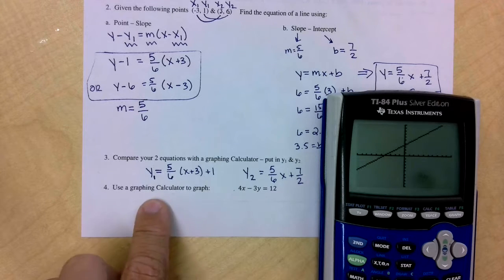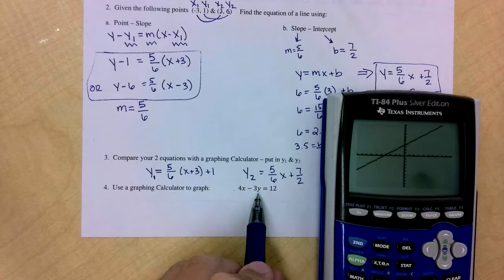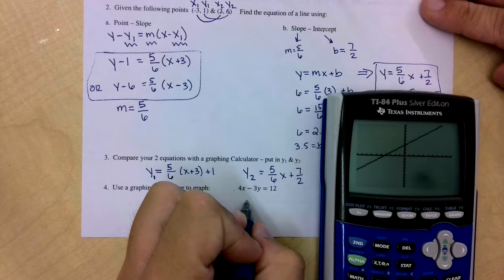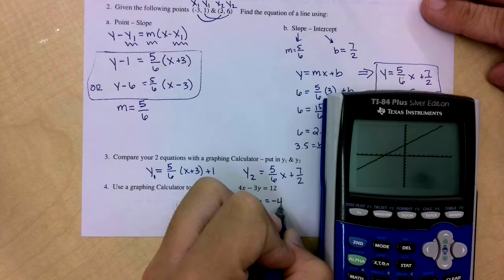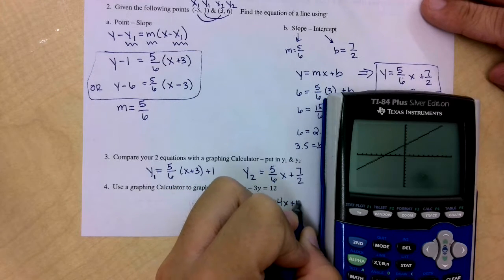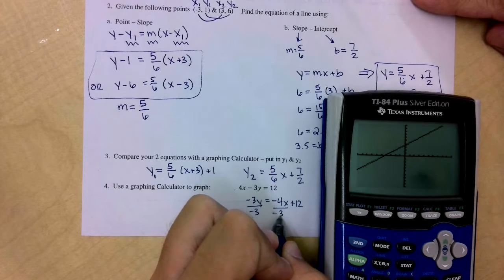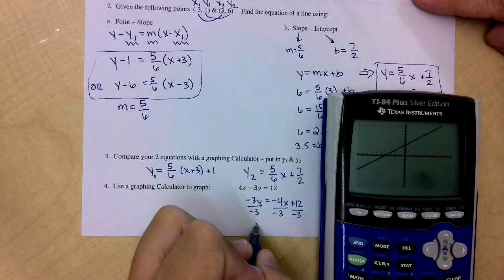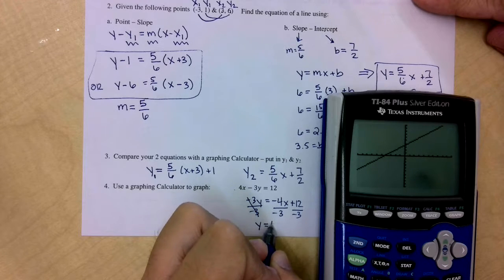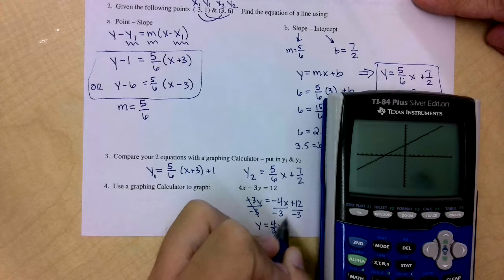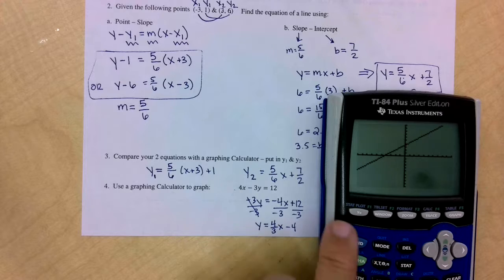We'll also be able to put this into the calculator, but again, the problem is we don't have it solved for y. So we would have to bump that 4x over and then divide by -3. But what's important when you divide is that you hit everything. So -4 over -3 becomes a positive 4/3. 12 divided by -3, -4.